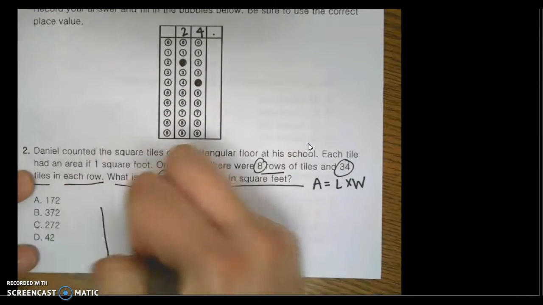Okay, I don't have a picture here, so I am going to draw my picture. 8 rows. This would be the 8 rows, and this would be the 34 in each row.